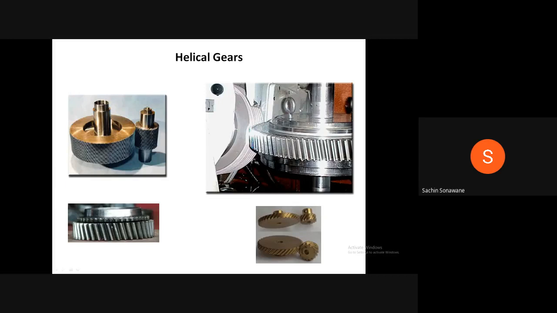From the photographs or images itself, you are getting that in case of helical gear, teeth are inclined on the surface of the gear, while in case of spur gear, teeth are parallel to the axis of the gear, and in case of helical gear, teeth are inclined with respect to the axis of the gear. Therefore, this is the basic difference between spur gear and helical gear.